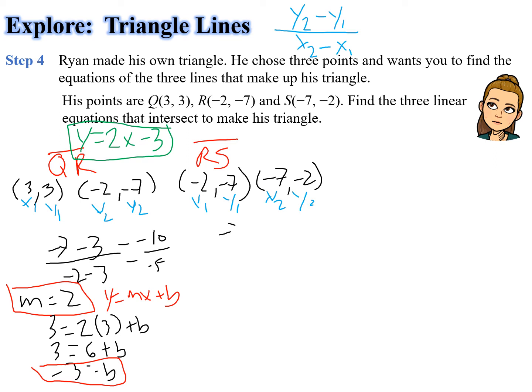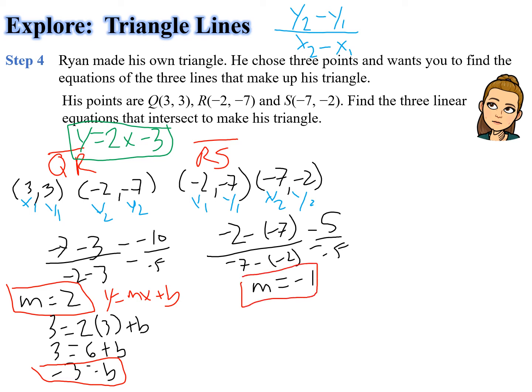I get -2 minus a -7 over -7 minus a -2. Minus a negative is really the same thing as addition, so I get -2 plus 7, which gives me 5, over -7 plus 2, which gives me -5. Well, in this case, my slope, 5 over -5, simplifies to a slope of -1.